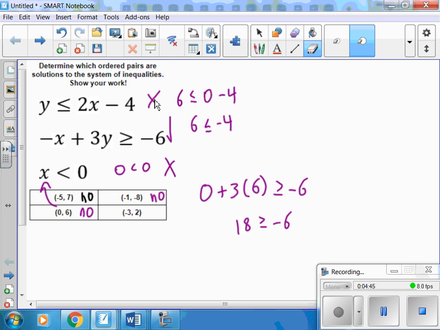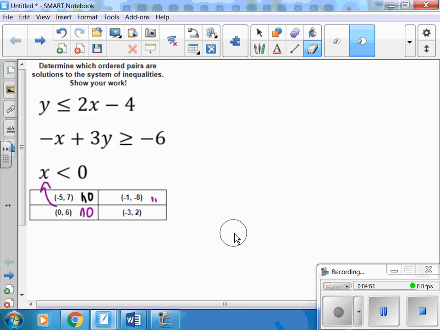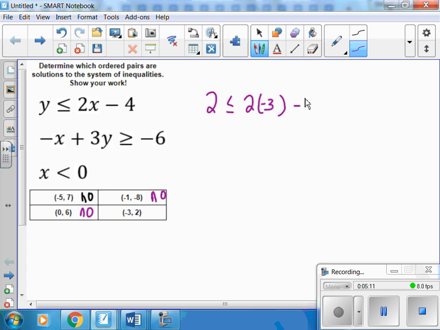Okay, so now the last one, we're going to plug -3 in for x and +2 in for y. Let's go ahead and do that. Let me change this. This was a no here. Okay, so positive 2 in for y, and you got 2 times, and then for this x right here, we're going to plug in negative 3 minus 4.